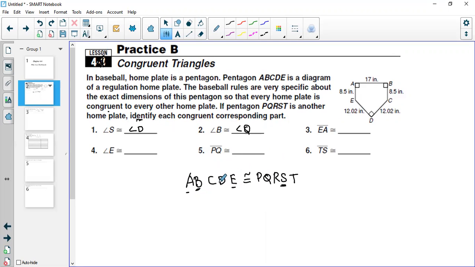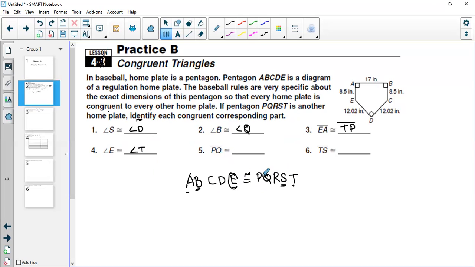So in these two places, which are the two letters we have in the other pentagon? We have TP. Now make sure you write it in the same order which they ask you for. They have asked for EA, you must write TP. You cannot write PT because that will change the order of the pentagon. Okay, angle E. So again, angle E is corresponding to angle T.